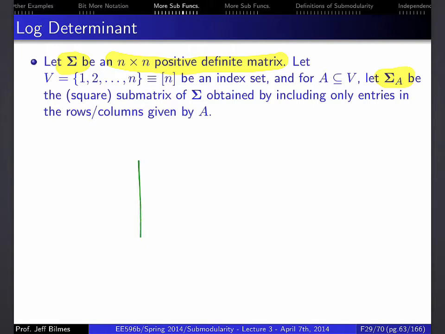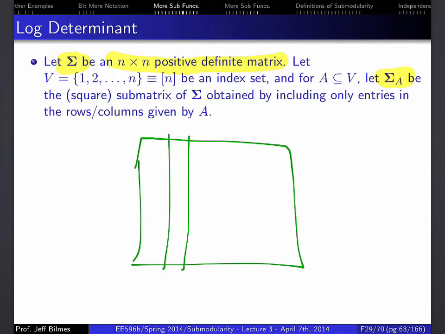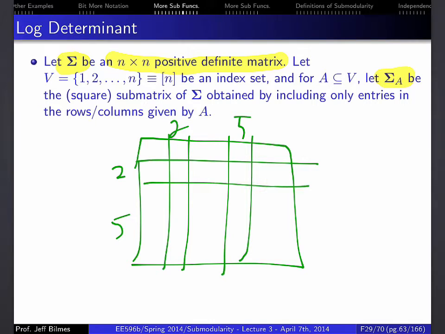If you want to picture it, here's a square matrix, and maybe we take rows 2 and 5 and columns 2 and 5. So we take a 2 by 2 matrix consisting of this element, this element, this element, and this element. It's still square, and that's what sigma A is.